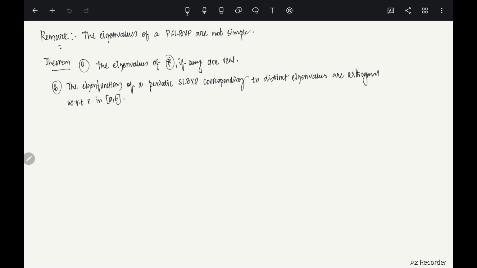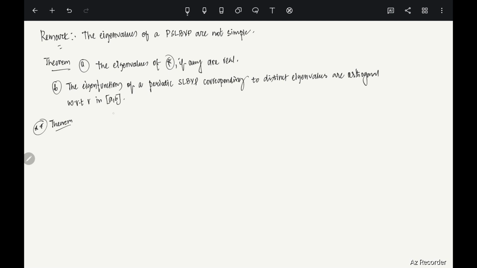Now, another theorem which we want to do is the existence theorem. Very, very important. Again, we are not going to prove this theorem. If you want, you can just look it up in the Coddington book. So what does the theorem say?